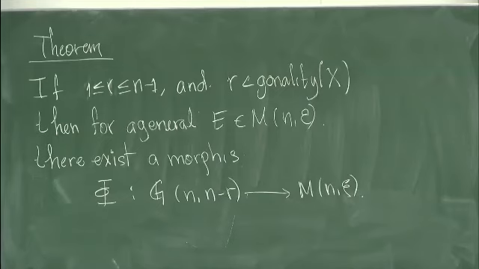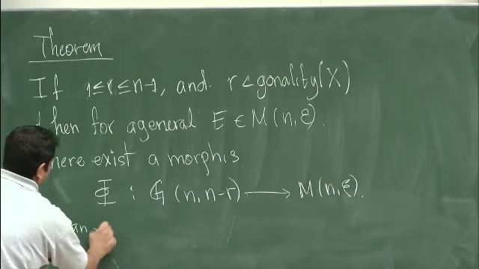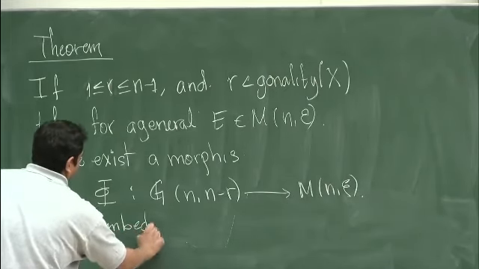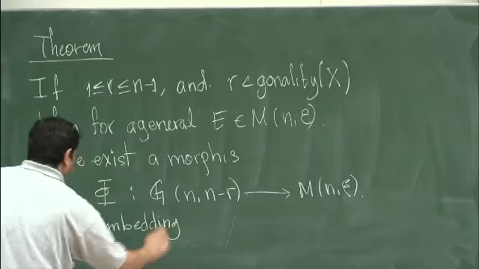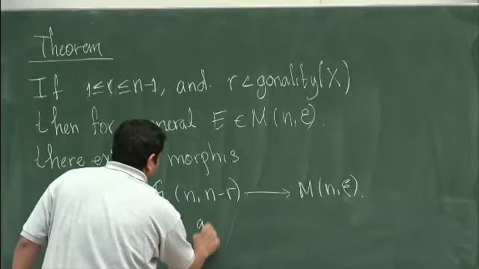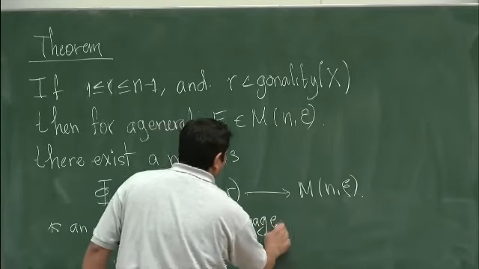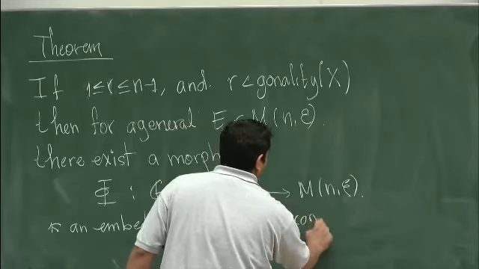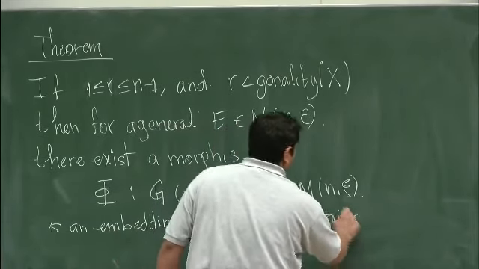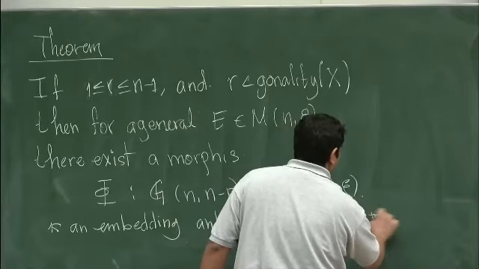In fact, this morphism is an embedding and the image of this morphism contains E.